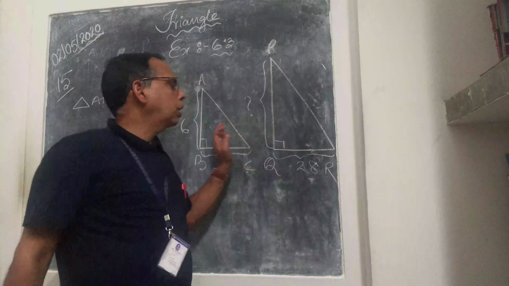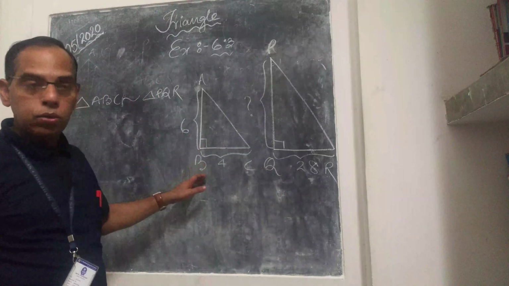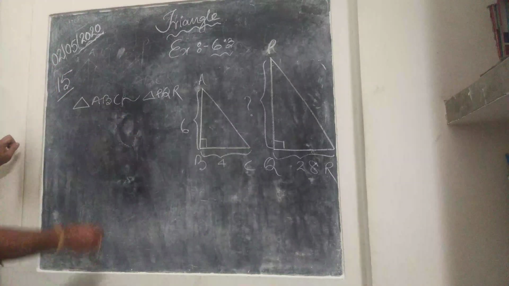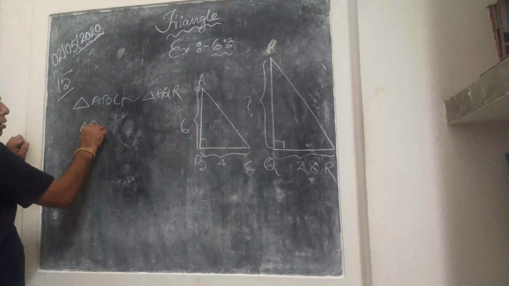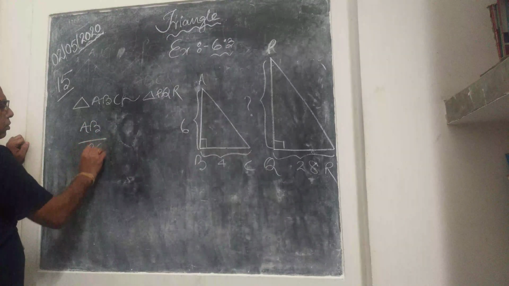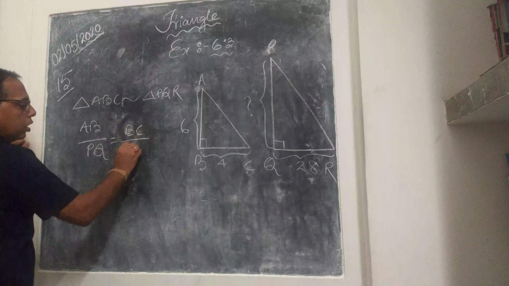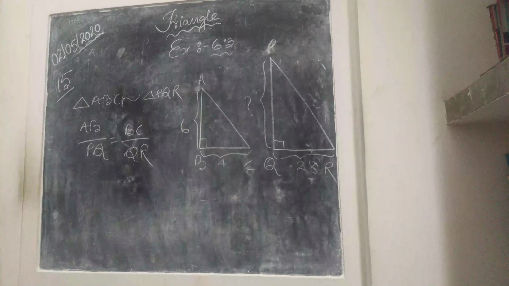So as both are looking alike, we have to use the similarity property, otherwise we cannot do. So that's why these two triangles should be similar. Then you see AB by PQ equal to BC by QR.